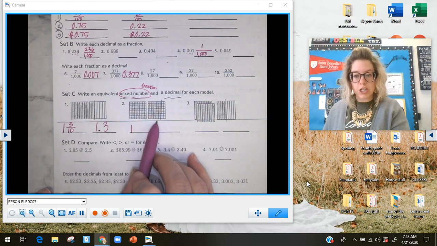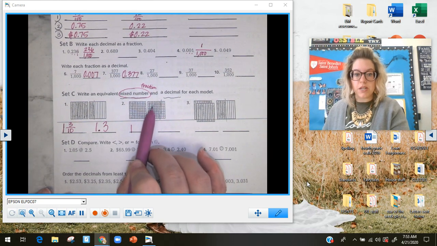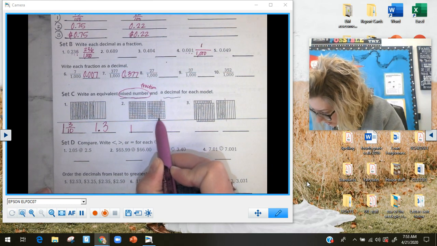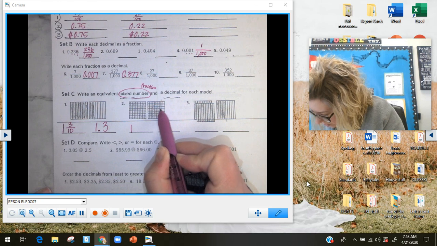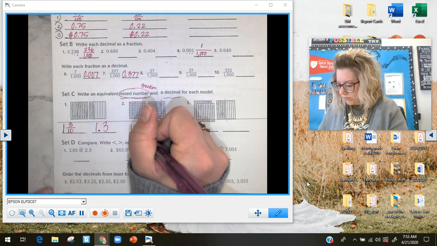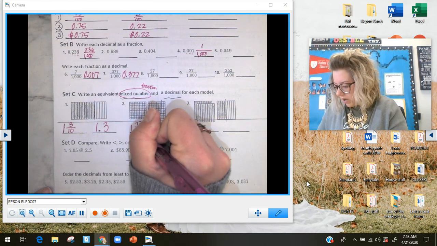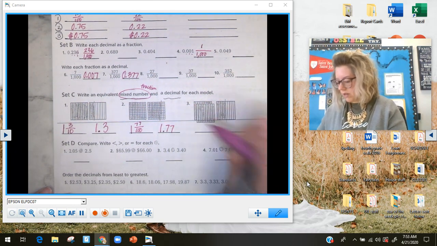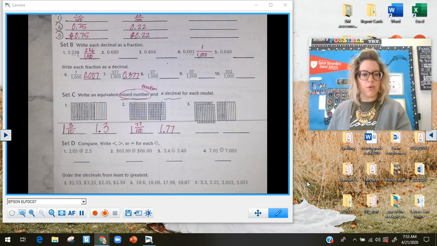And then how many are shaded over here out of, this would be 100 because they're all these little squares. 10, 20, 30, 40, 50, 60, 70, 1, 2, 3, 4, 5, 6, 7. 77 hundredths, 1 and 77 hundredths. You do this one on your own.